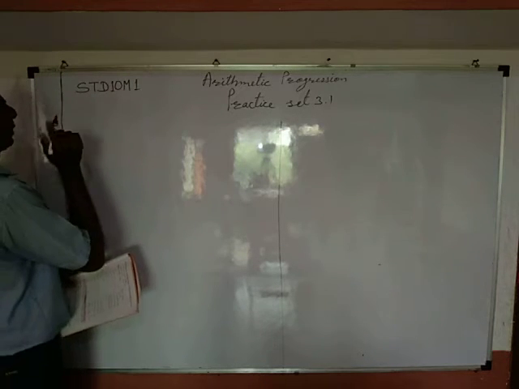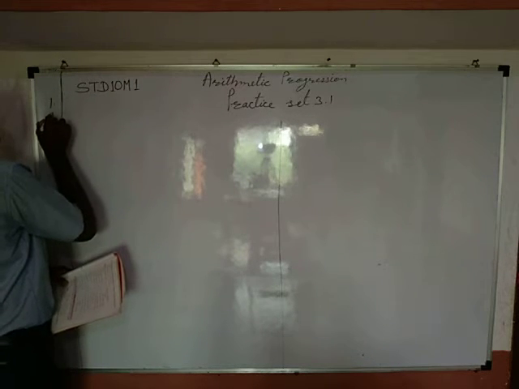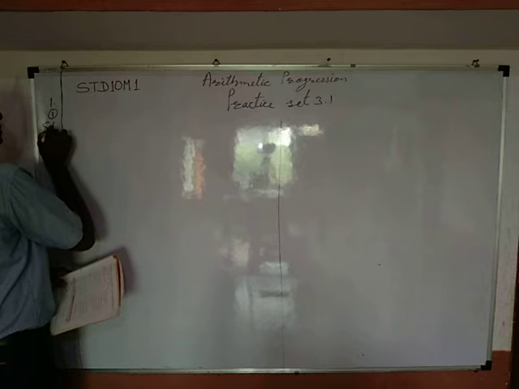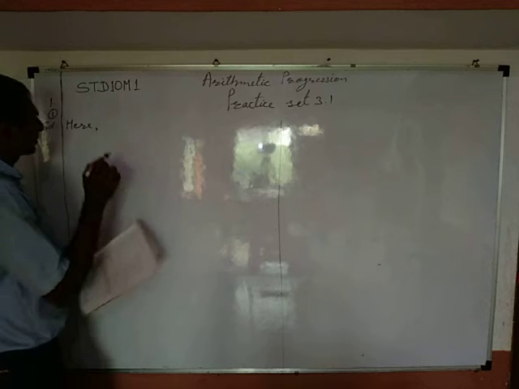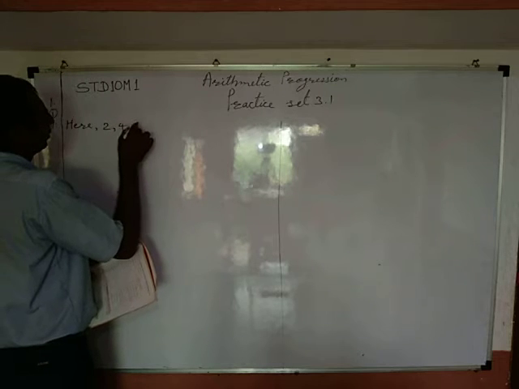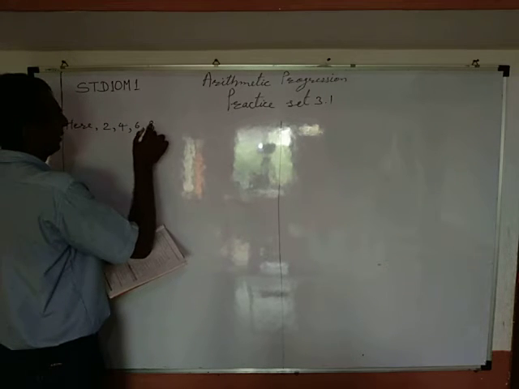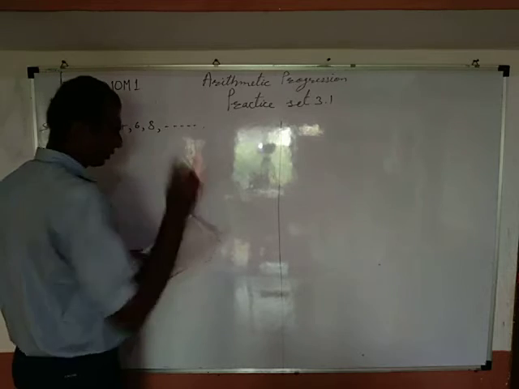Practice set 3.1. Question first, sub question first, solution. Here, given sequence is 2, 4, 6, 8 and so on.